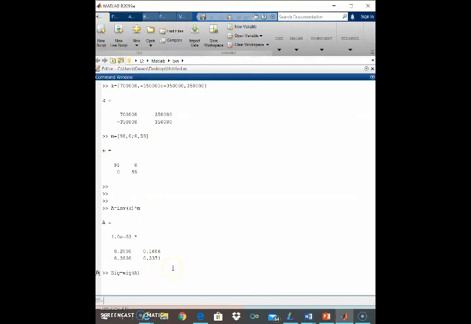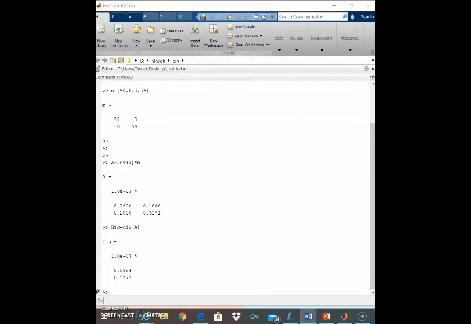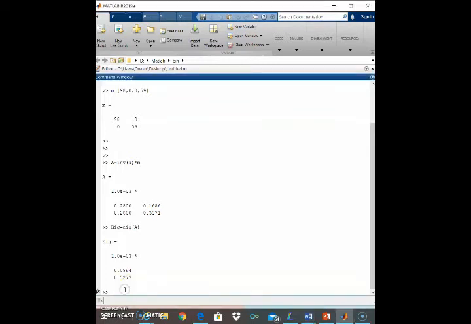And then eig is the eigenvalue function, and the eigenvalues will give lambda. Next we proceed to omega 1.